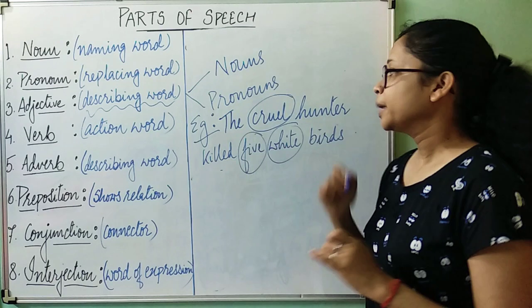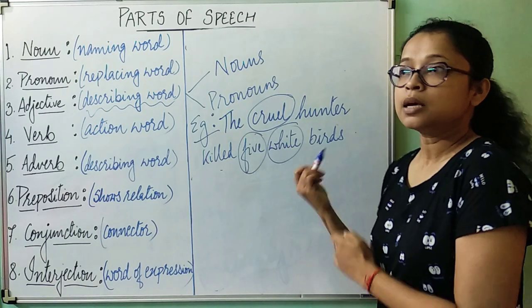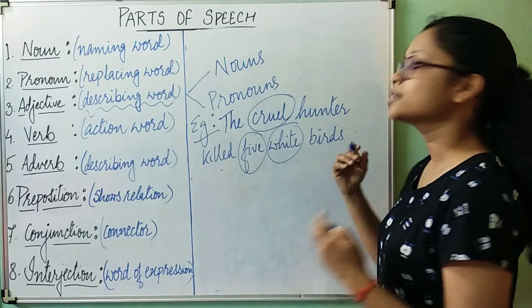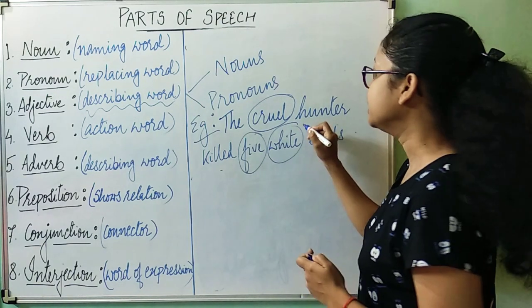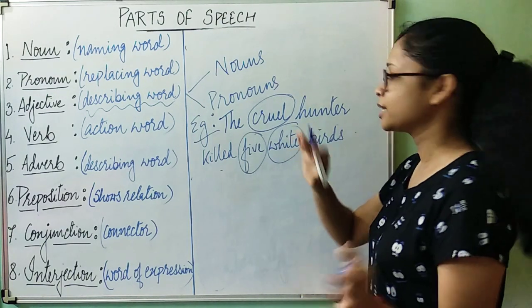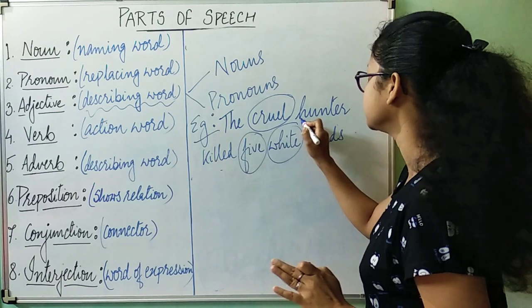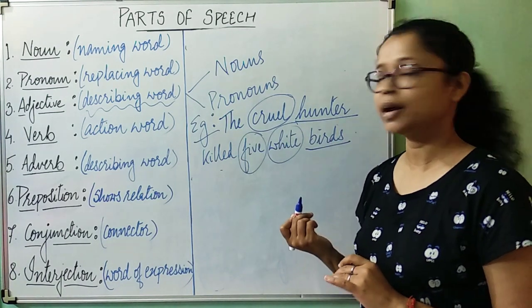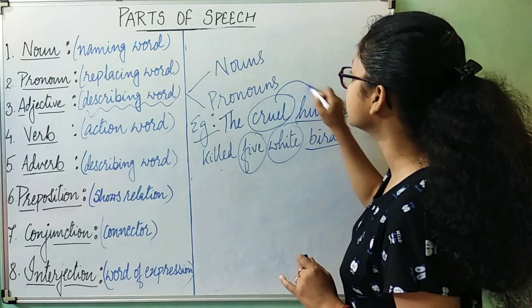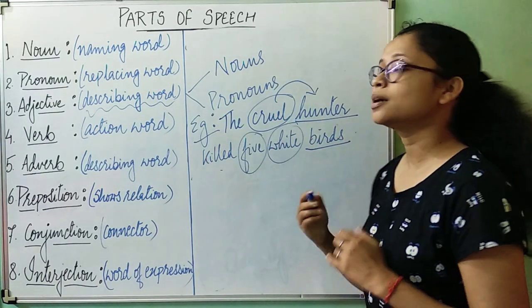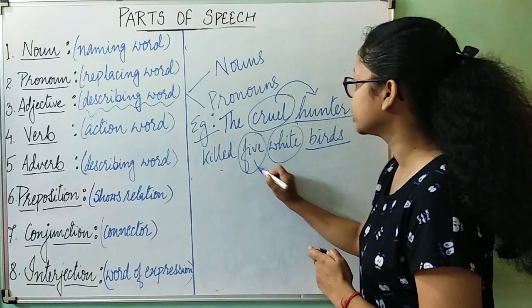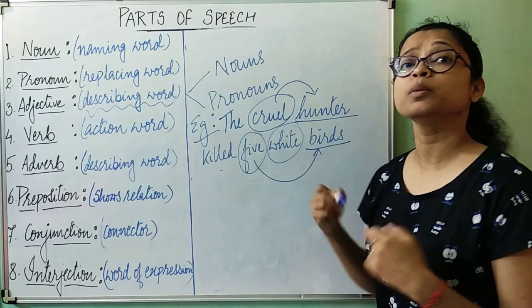Alright, but instead of writing this, I have used some words which are describing the nouns present in this sentence. So let's first find out the nouns present here. So we have a noun hunter and a noun birds. And we can see that cruel is a word that is telling us about the kind of the hunter. 5 is the word that is telling us about the number of the birds.